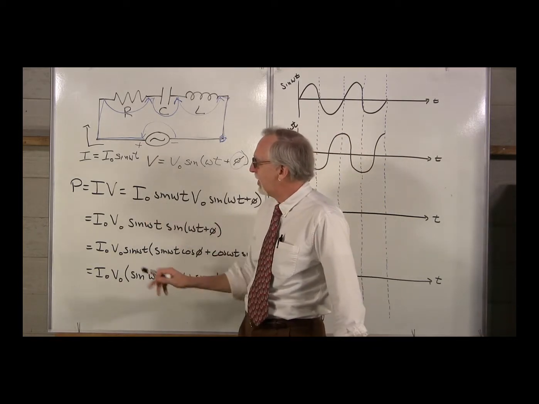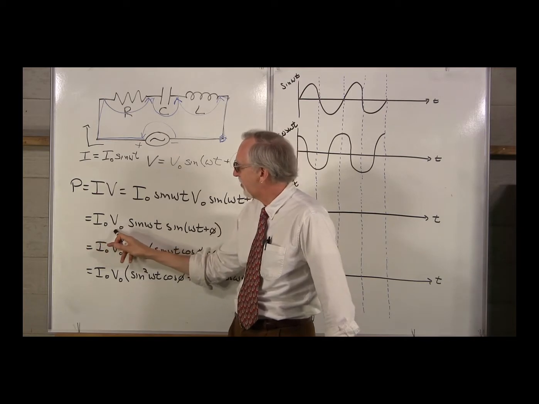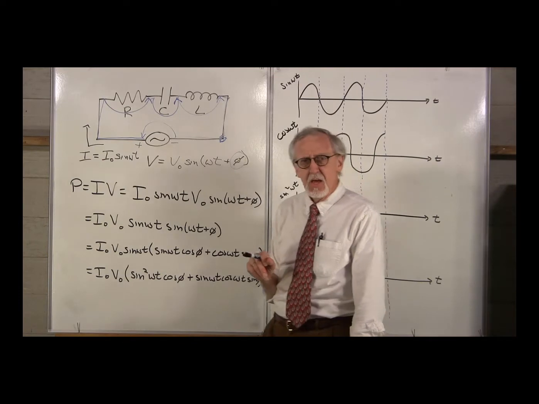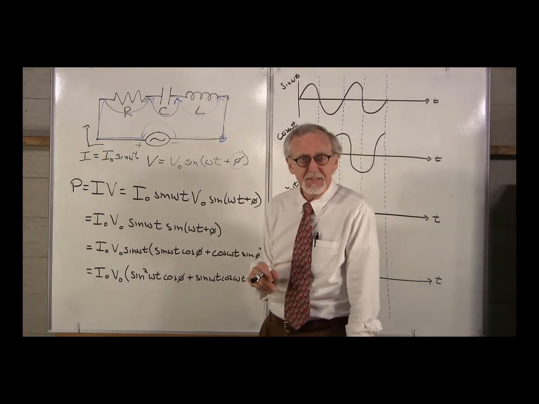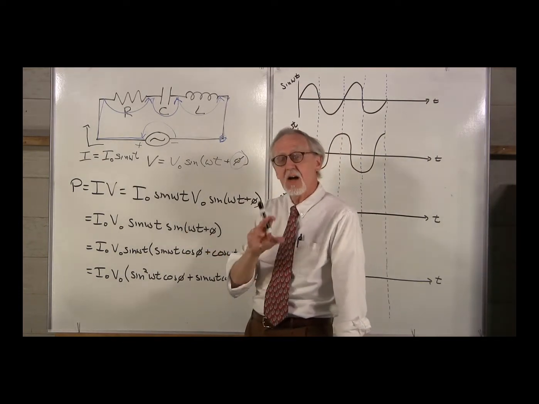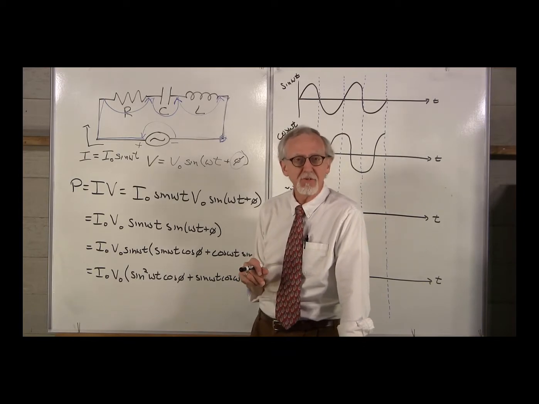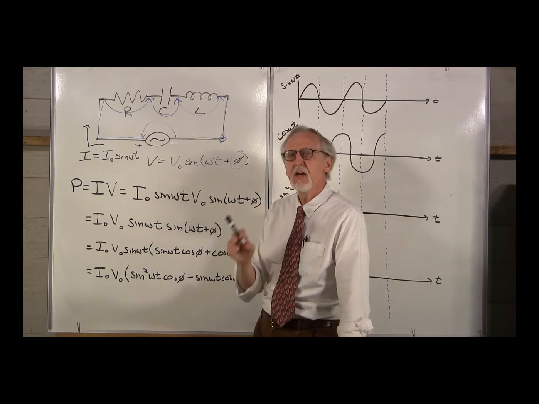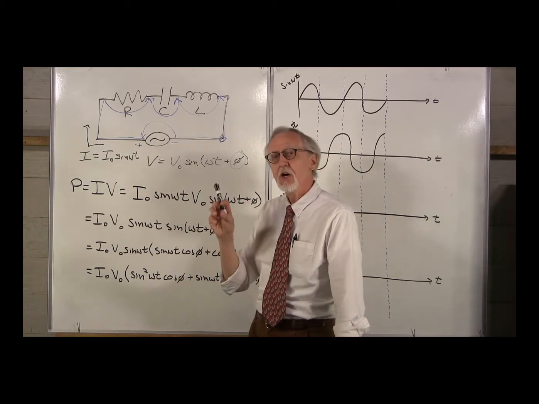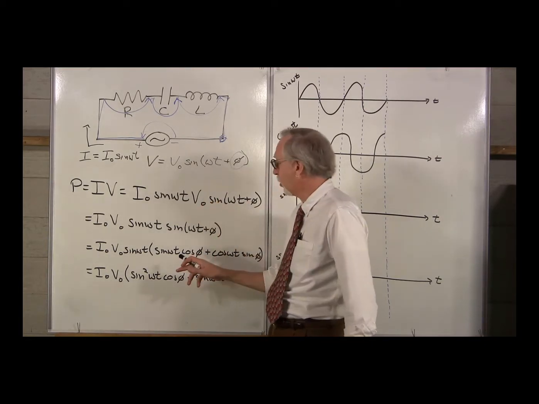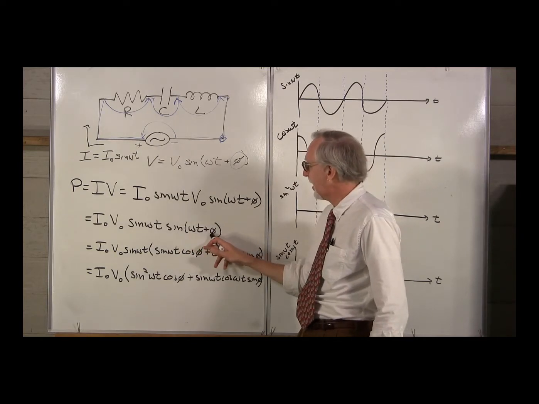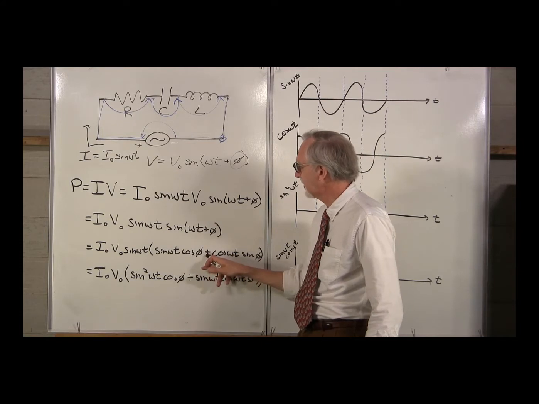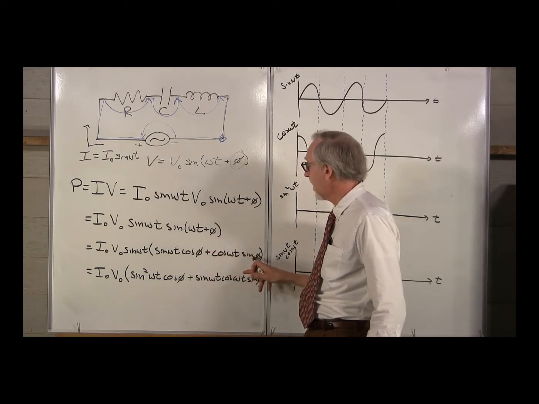Pulling out the I0 V0, that gives us the power is I0 V0 sine omega t times sine omega t plus phi. Well, let's see if we can simplify this somehow. Let's use the sine of a sum trigonometric identity. In other words, sine of A plus B is sine A cos B plus cos A sine B. In other words, sine of omega t plus phi is sine omega t cos phi plus cos omega t sine phi.